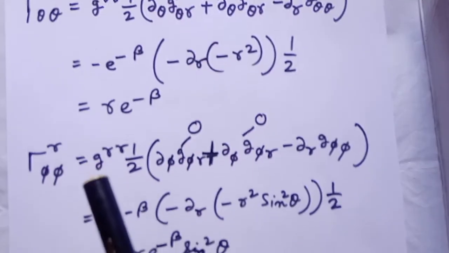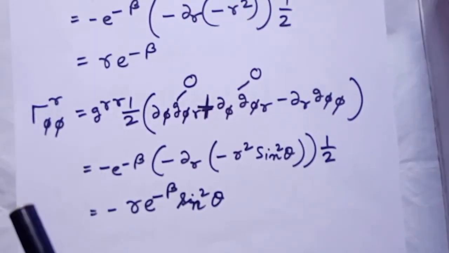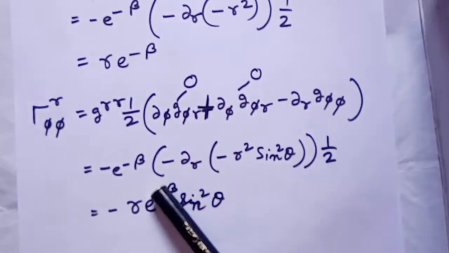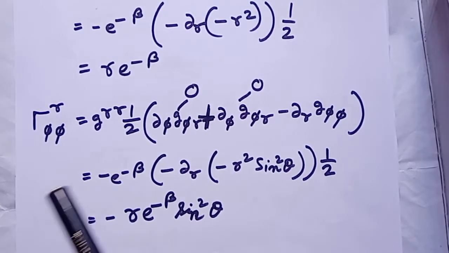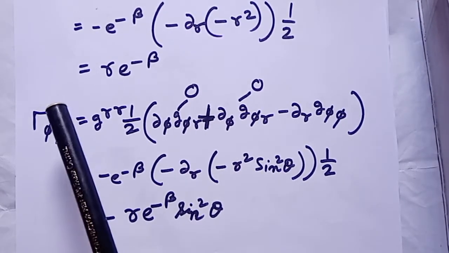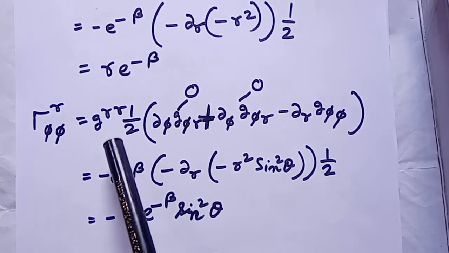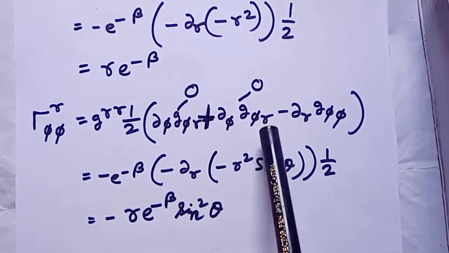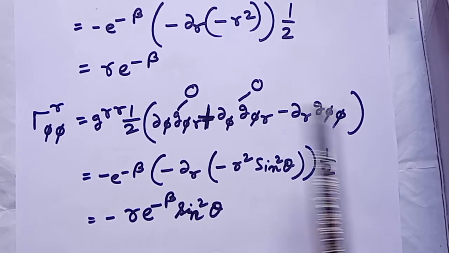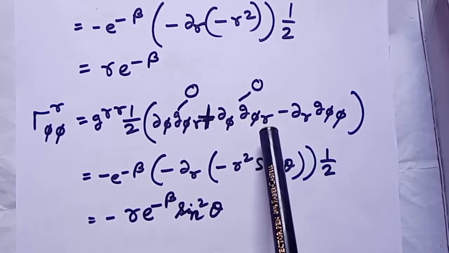Now we derive another Christoffel symbol, Gamma^r_phi phi, which is g^rr times half (del_phi g_phi r plus del_phi g_phi r minus del_r g_phi phi).